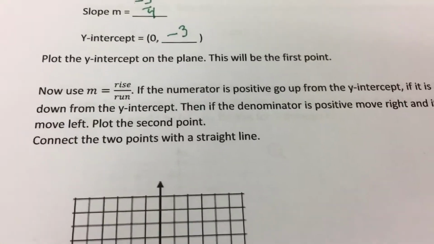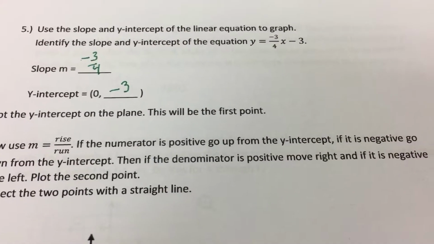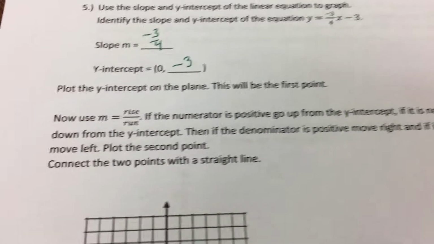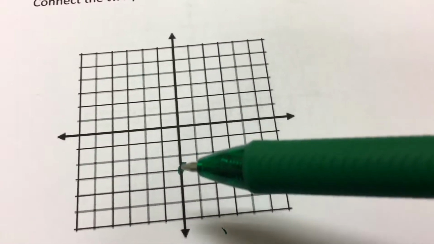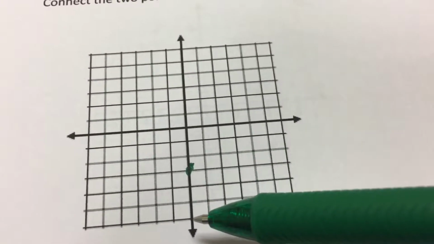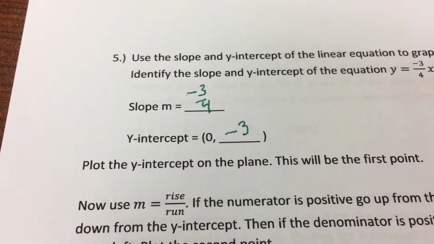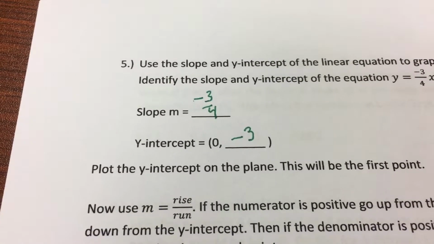Okay, so in this particular one, and it tells you how to do this, notice if the numerator is positive, go up from the y-intercept. If it's negative, go down. So notice I have -3. So I'm going to count 3 spaces down. 1, 2, 3. Do not put a point there. Now use your denominator. That was our numerator going down 3.